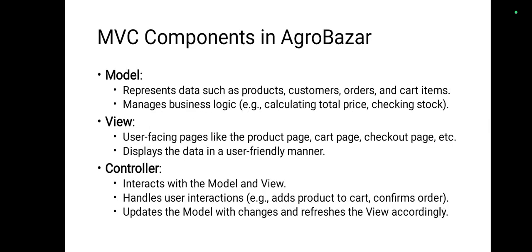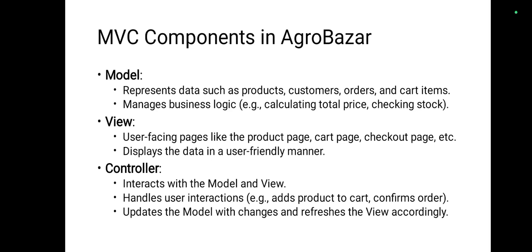MVC components in AgroBazaar. Now, let's see how these components fit into the AgroBazaar system. In the case of AgroBazaar, the model will hold all the agricultural product data, customer details, orders, and carts.